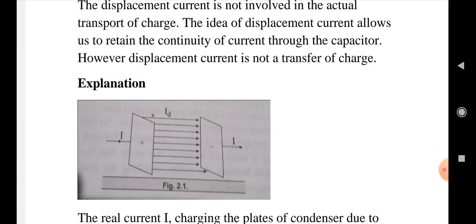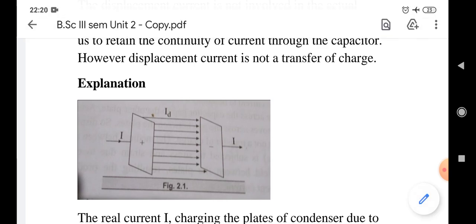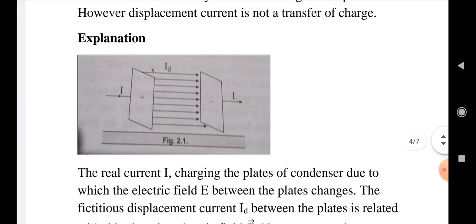Now if you apply a potential between these two plates, an electric field is produced, and the direction of the electric field is always from the positive plate towards the negative plate.